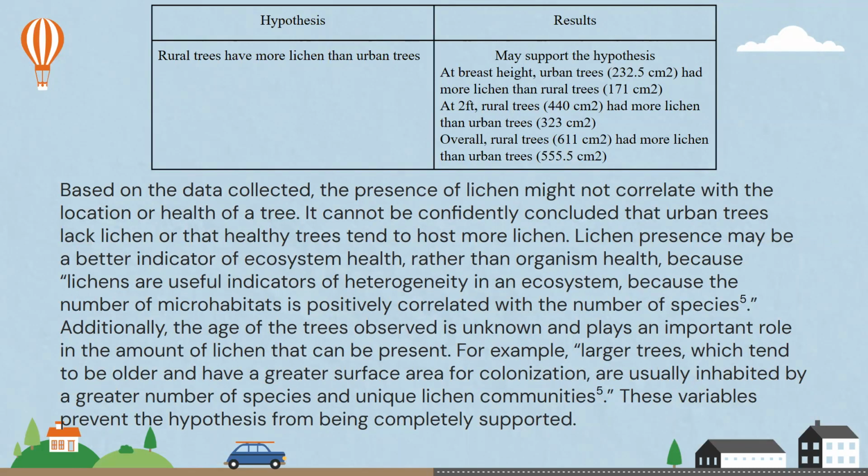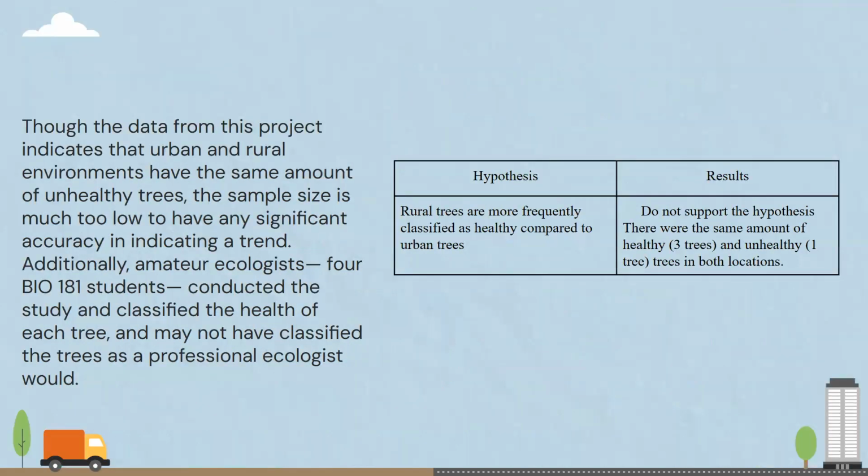So because we didn't know the ages of the trees we were studying, this definitely plays a large part in how much lichen could be on it and is therefore a confounding variable. And in terms of the amount of healthy trees and unhealthy trees, they again were the same, and we were unable to fully understand why.